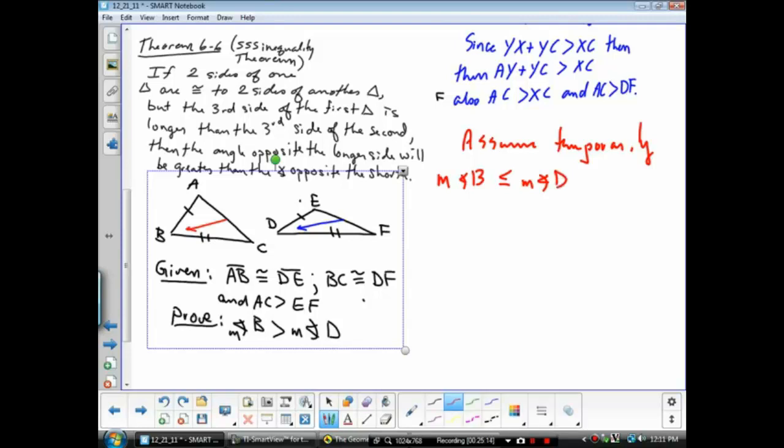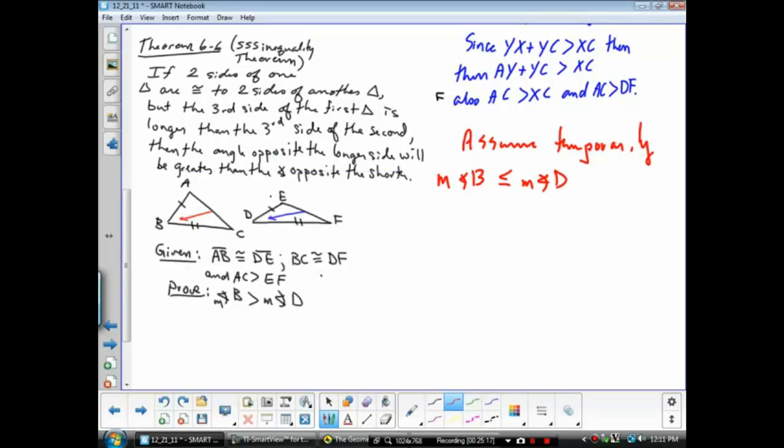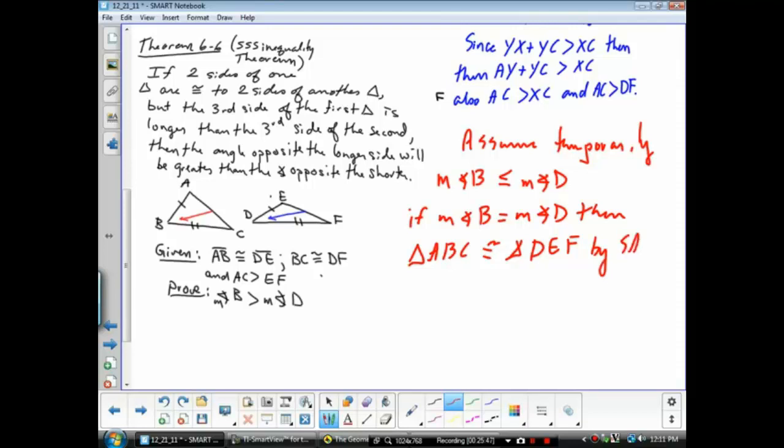We have two cases here actually. The or equal to case would mean that these two triangles are congruent by side angle side, which means AC is equal to EF.